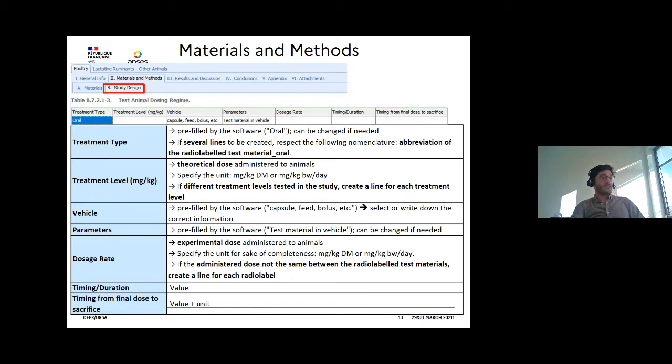To end with this table, you also have to specify the value for timing and duration of the administration in the study, and the one for timing from final dose to sacrifice of livestock.